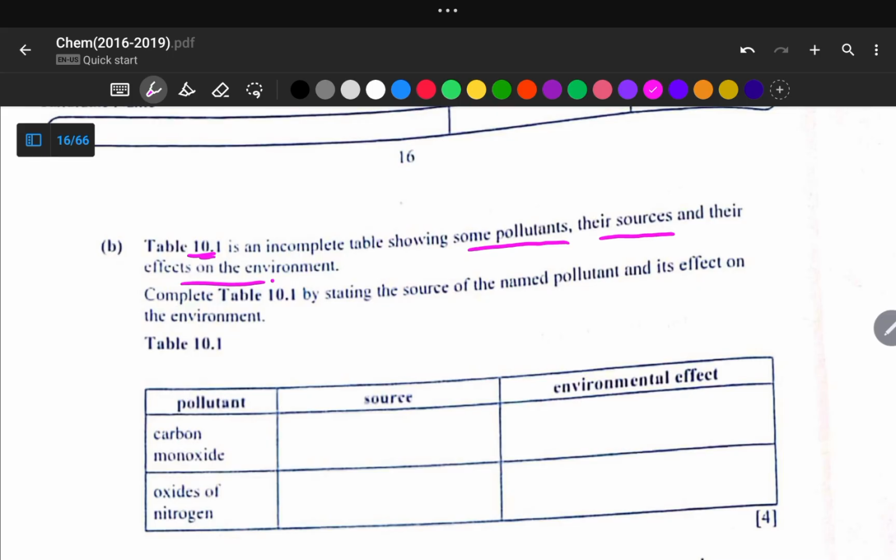So complete the table by stating the source of the named pollutant and its effect on the environment. So here is the table.